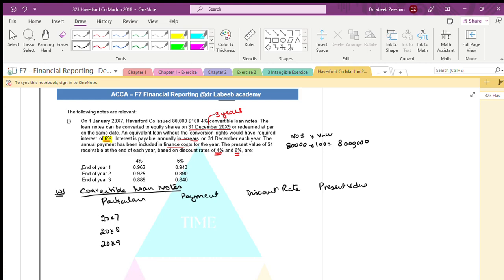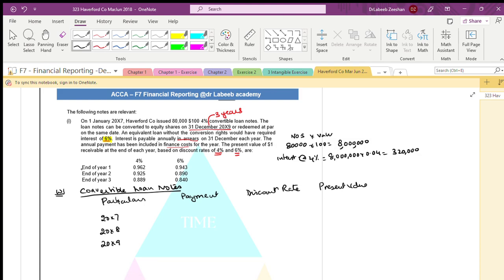It comes to 8 million. The coupon is 4%, meaning the interest is at the rate of 4%. So 8 million into 0.04 comes to 320.